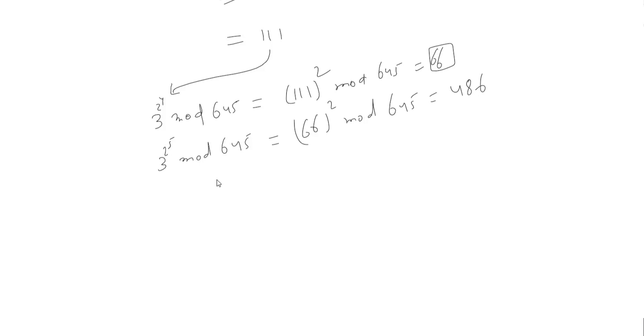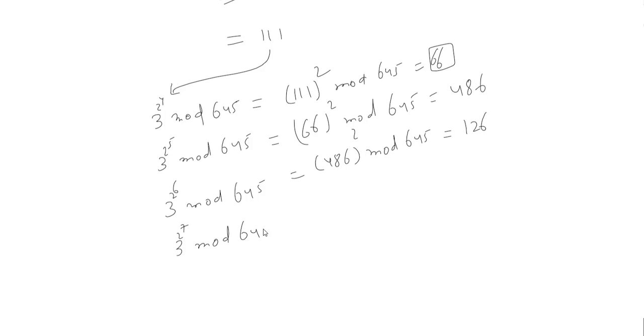486. Similarly, 3 raised power 2 raised power 6 mod 645 will be equal to 486 square mod 645, and the value that we'll get is 126. So we'll be using it in the next calculation, which is 3 raised power 2 raised power 7 mod 645. This will be equal to 126 square mod 645.